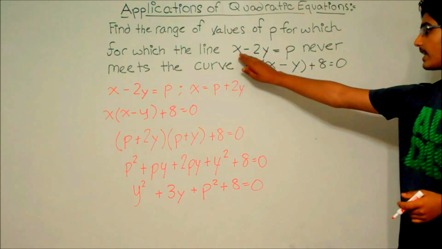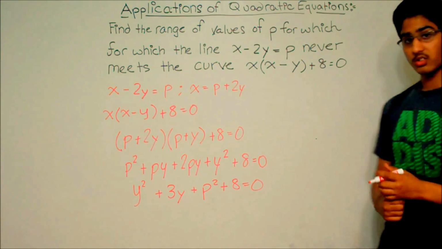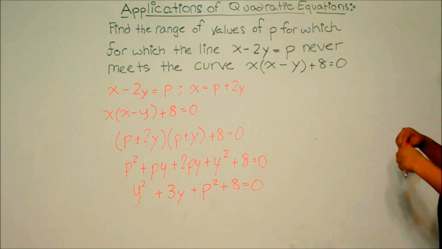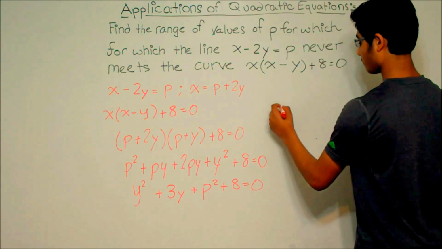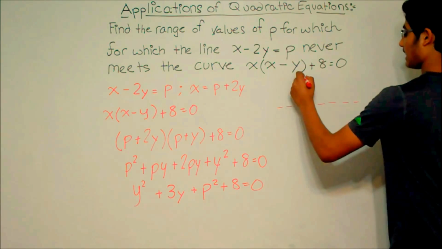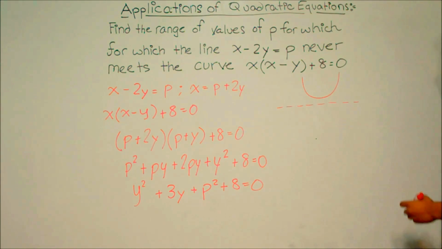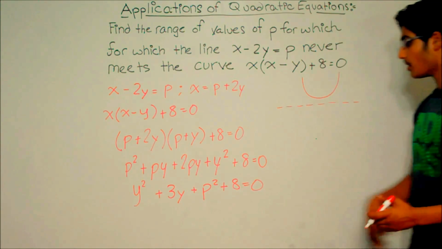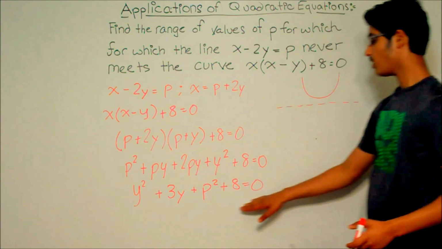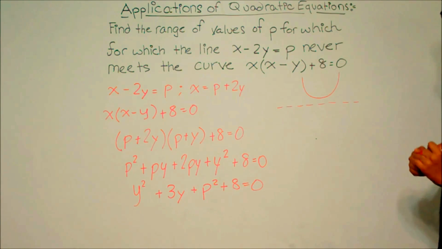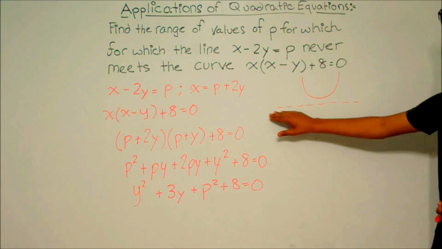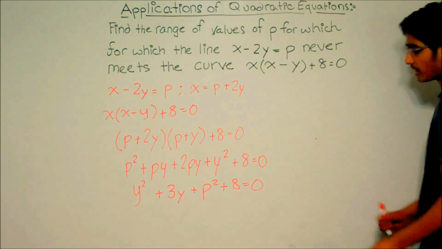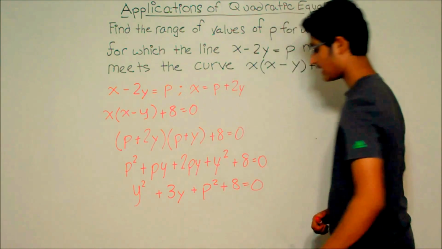So now let's take a look at this problem again. We know that this line never meets the curve. If the line never meets the curve, then that means that the discriminant has to be less than 0, because there is no value of y that would make this equation true, just like a curve that never touches the x-axis.